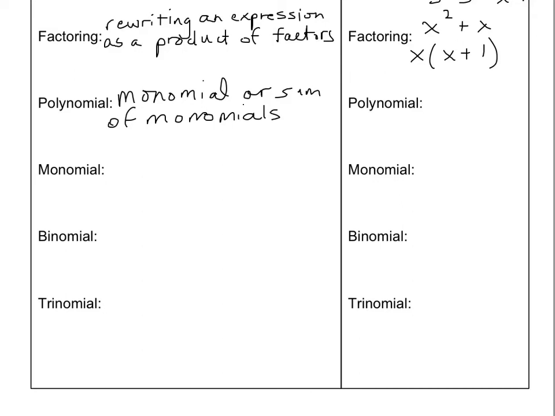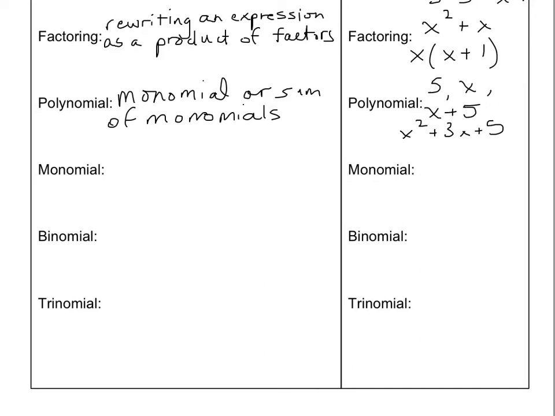Okay, example of a polynomial. It could be one number, could be a 5, it could be a variable, it could be a couple of things like an x plus 5, or possibly an x squared plus 3x plus 5. It's a monomial, which we're going to get to here in a second.